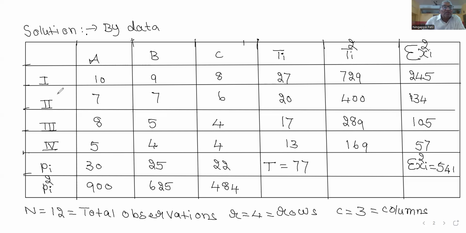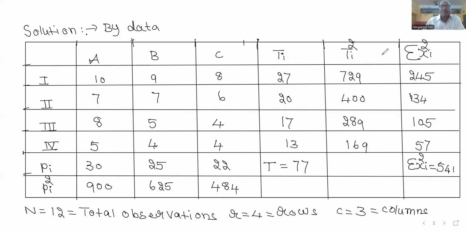Look here, 1, 2, 3, 4 blocks are there. Then the next row Pi, and the next row Pi square. And here A, B, C, 3 varieties. And now the sum of A, B, C, Ti, and Ti square of this.